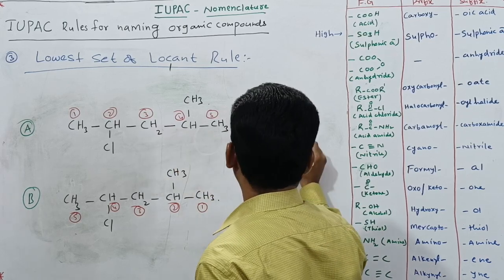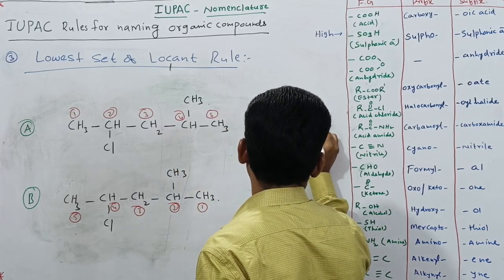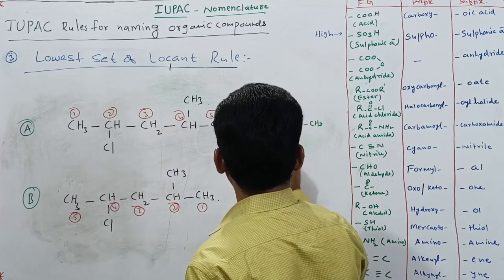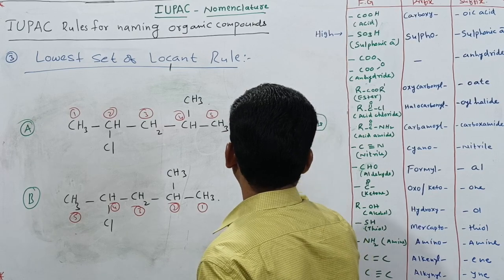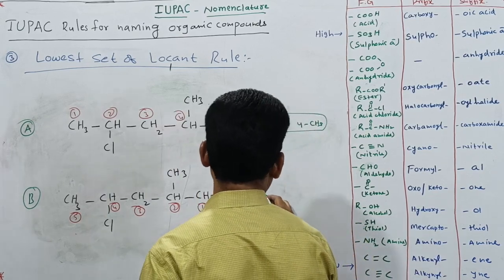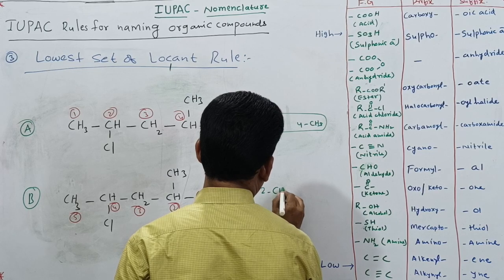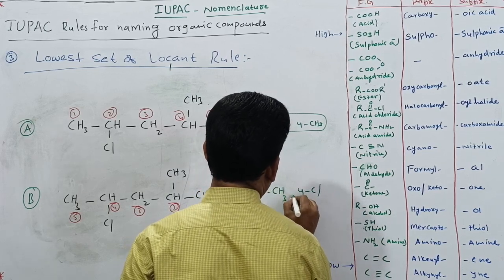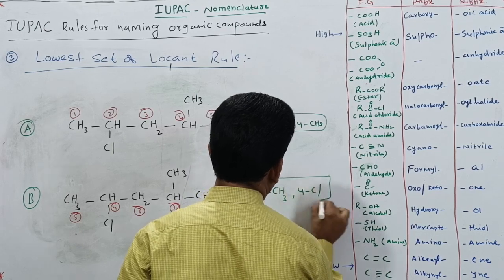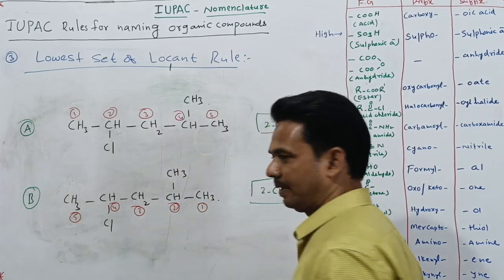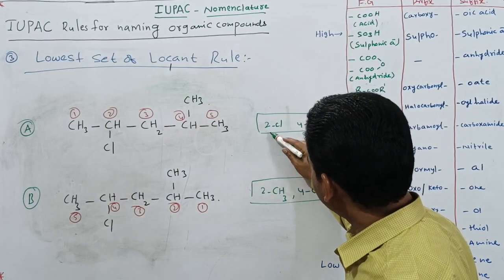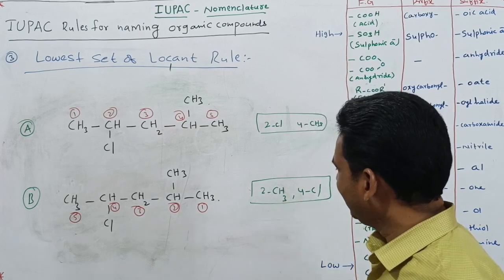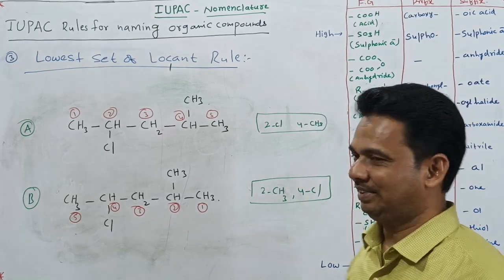Another one is at the fourth position, methyl. Second position chloro, fourth position methyl. In this case, second position methyl, fourth position chloro. In both, substituents are present at the second and fourth position.